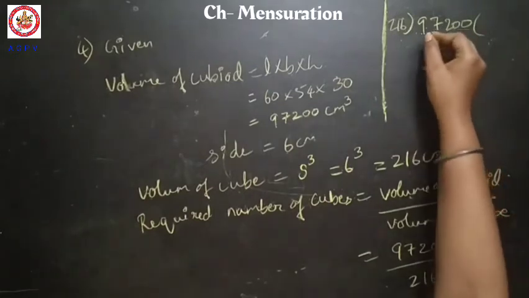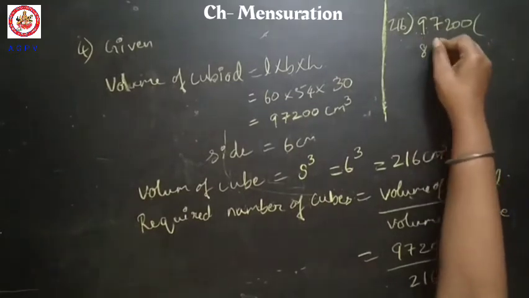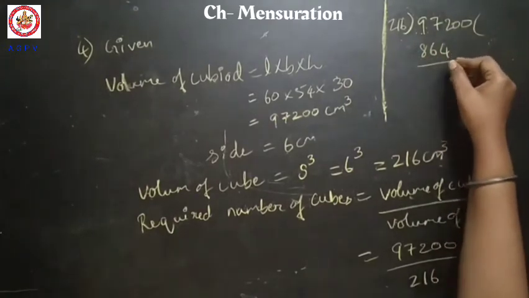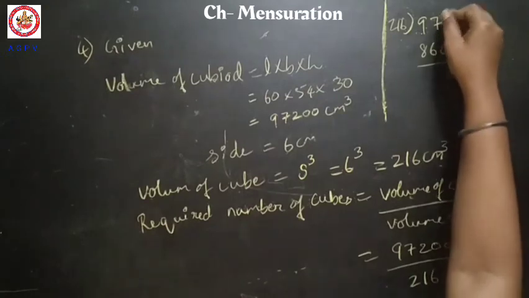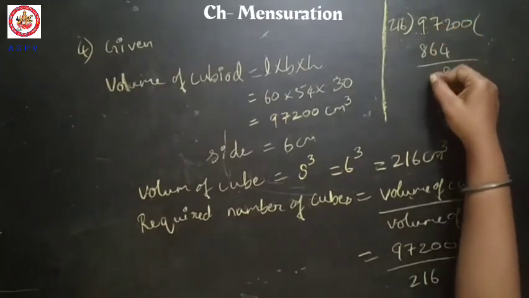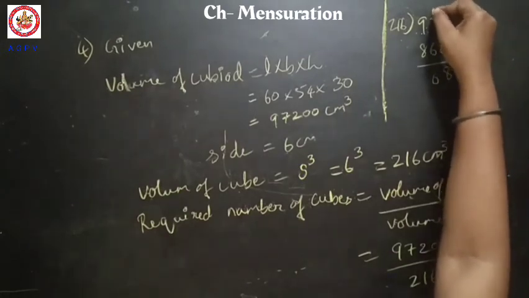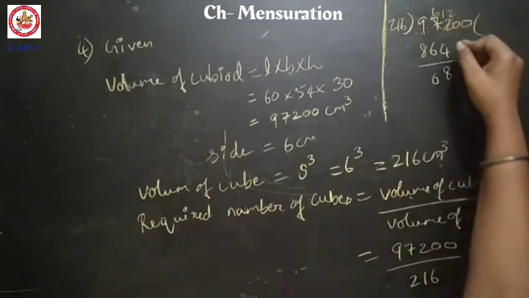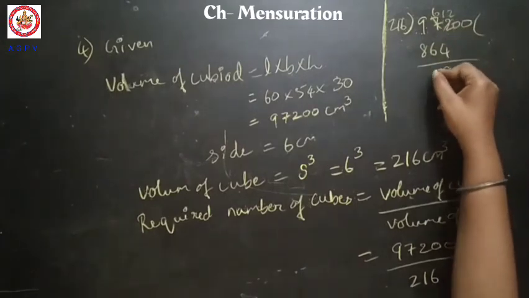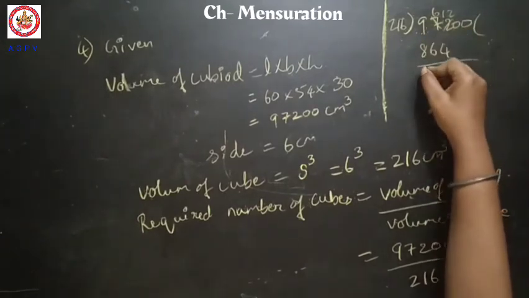216 into 4 will give 864. If you subtract this, here it will become 12, 12 minus 4 is 8, and 6 minus 6 is 0, and then 9 minus 8 is 1.